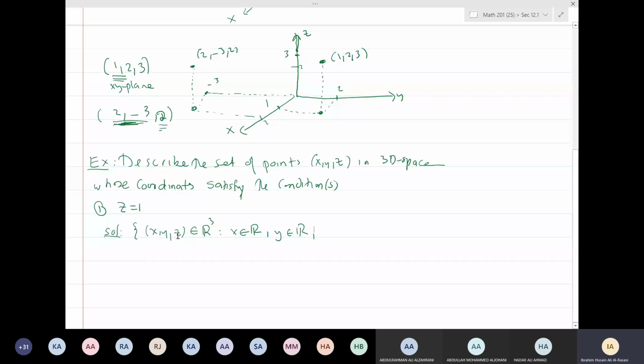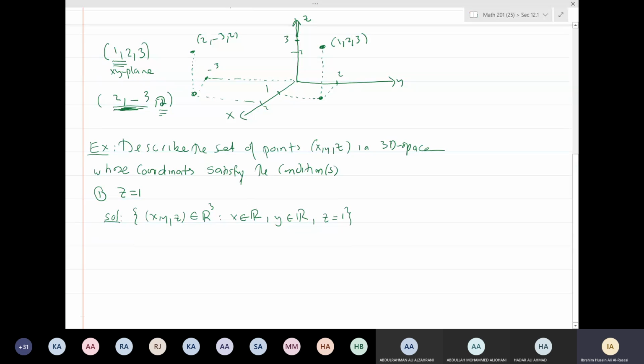What about the z coordinate? It must be equal to 1. So the condition is z equals 1. Z is always 1. X and y are free. Okay. These are the conditions on the coordinates. So x can be anything, y can be anything, but z is always fixed.